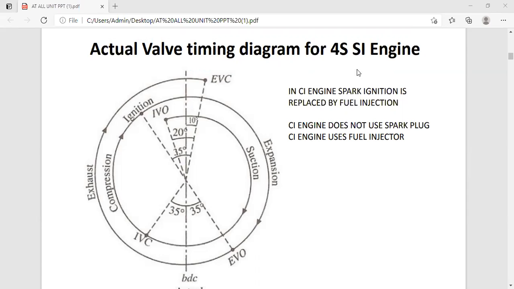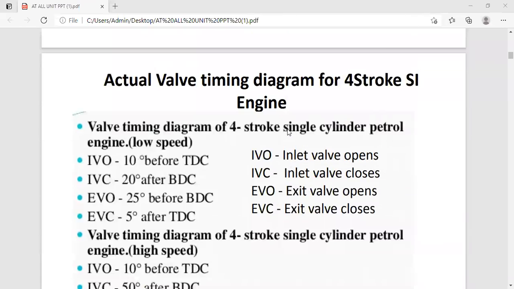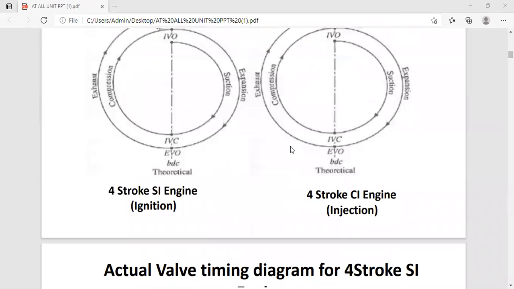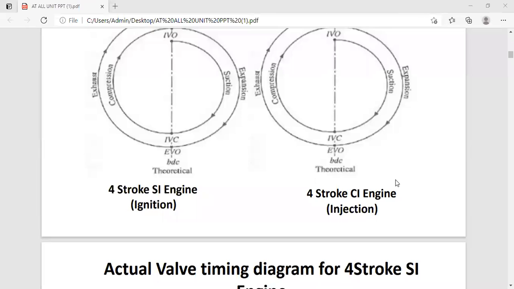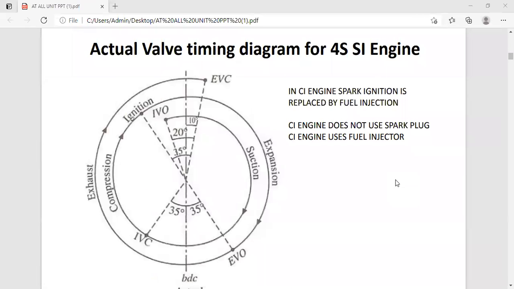Okay, now we are going to start. We have seen the ideal valve timing diagram for the SI engine and CI engine, but now we are going to see the actual valve timing diagram for the four-stroke SI engine. In the four-stroke SI engine, the inlet valve opens 20° before TDC and closes 35° after BDC.